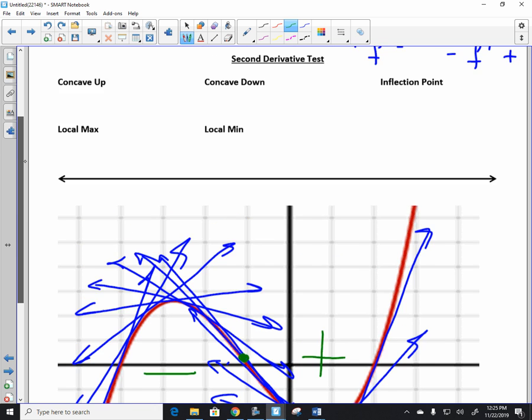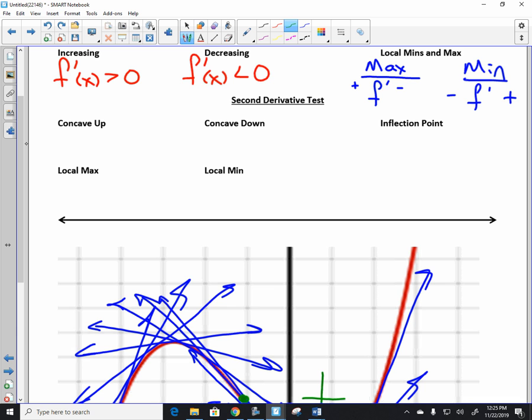So we say that something is concave down when f double prime is negative. We say something is concave up when f double prime is positive.